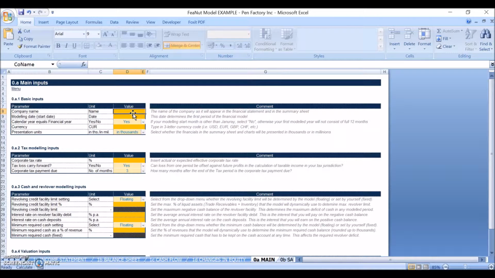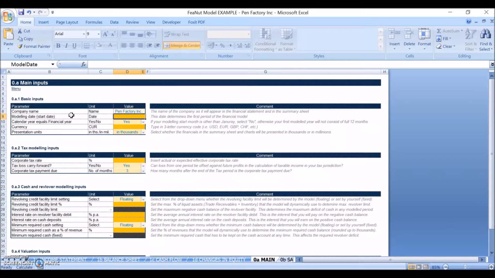The model will just highlight those cells for you, so you can immediately tell that if the cell is orange, you should populate some data into that cell, and once you populate the data, it will turn yellow. So let me just retype the name of the company in here. Pen Factory Incorporated.